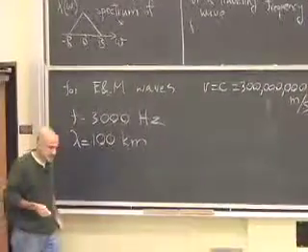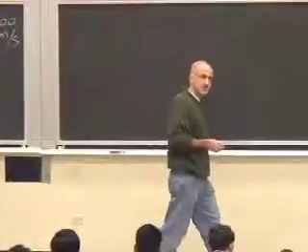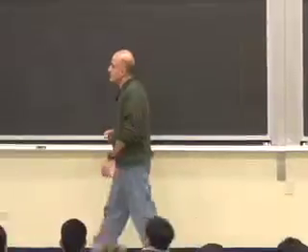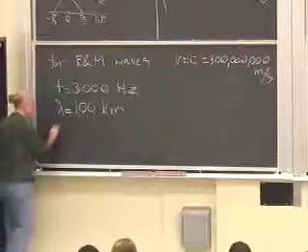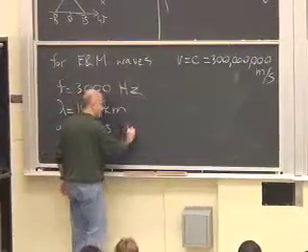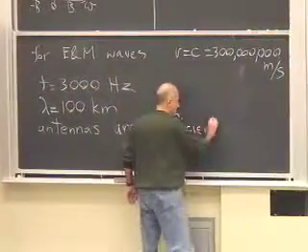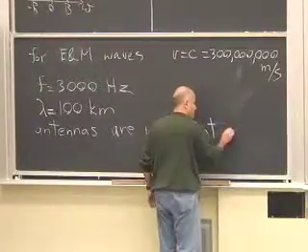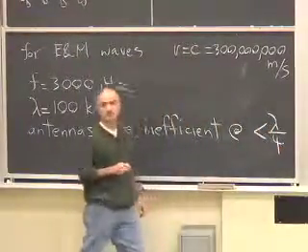Okay? Now, for reasons that are beyond the scope of this class, and you will learn these if you ever take EE 117, our undergraduate electromagnetics course, antennas are inefficient at less than a quarter of the wavelength.